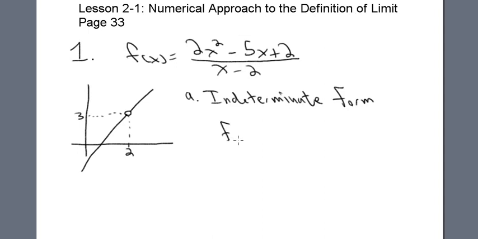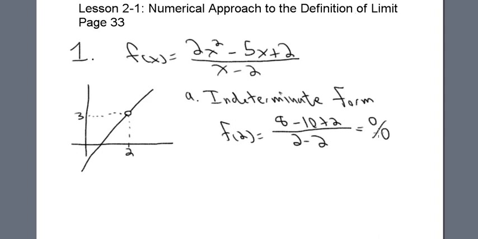So we have f of 2 equals, so across the top, 2 squared is 4, times 2 is 8, minus 5 times 2 is 10, plus 2 over 2 minus 2, we get 0 over 0. Now 0 over 0 is what's called indeterminate form, because you can't have 0 divided by 0.